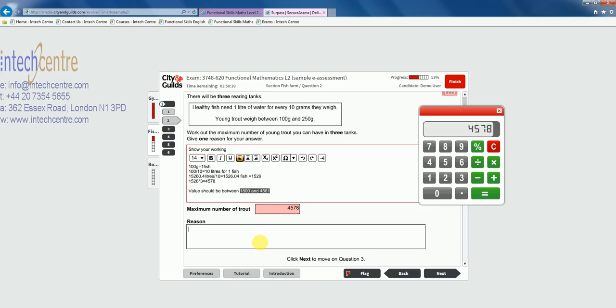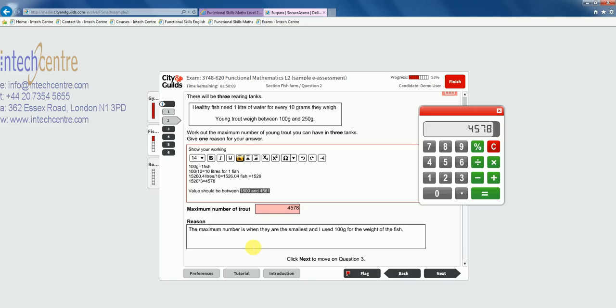So my reason is the maximum number is when they are the smallest, and I used 100 grams for the weight of the fish.